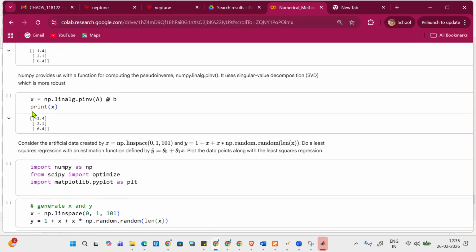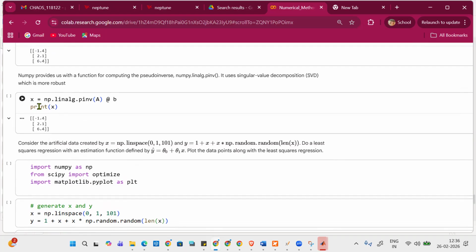NumPy provides a function for computing the pseudo inverse, known as the pinv function. If you give pinv of A, the output will be A transpose A whole inverse A transpose. It will already do that inside and give you.